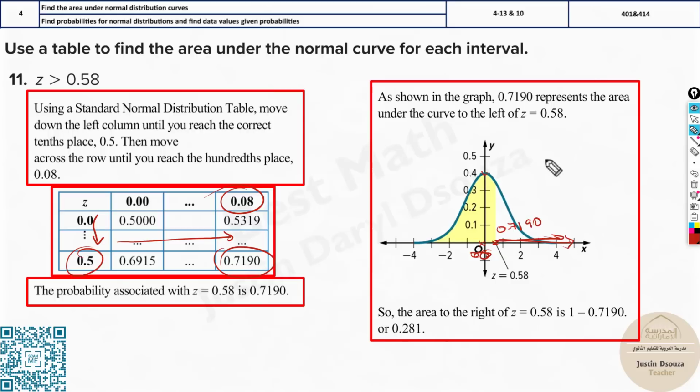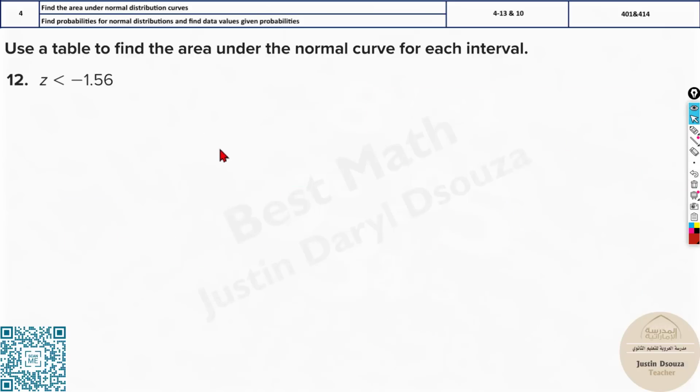So total is 100%, which is 1, minus 0.719 gives you the answer. It's 0.281. That's it. If it was less than, then you just stop at this particular point. It's just 0.719. But you want to know the values greater than, right? What interval? 100% minus this value. Even over here, you need to know this table.